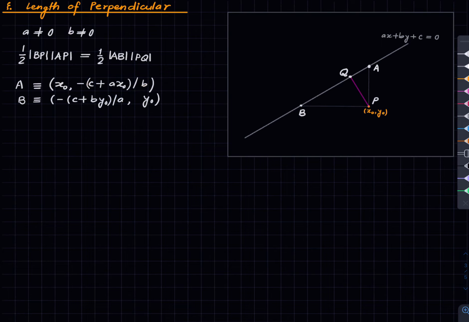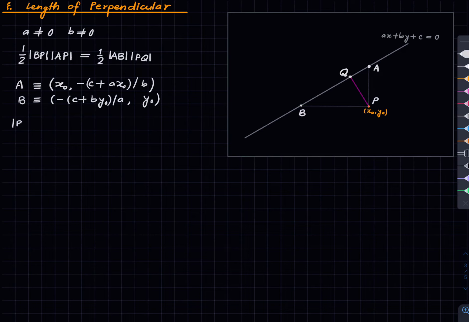Okay. So, what is the length of BP? The length of BP is nothing but the difference between the abscissas of B and P with the absolute value sign. Or you can use the distance formula, but it's an overkill.